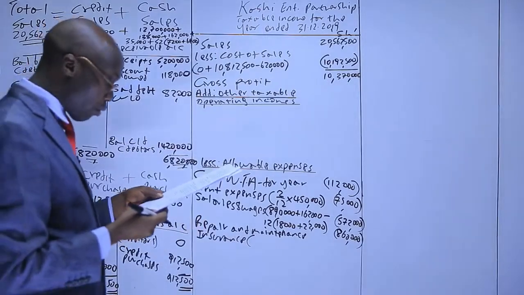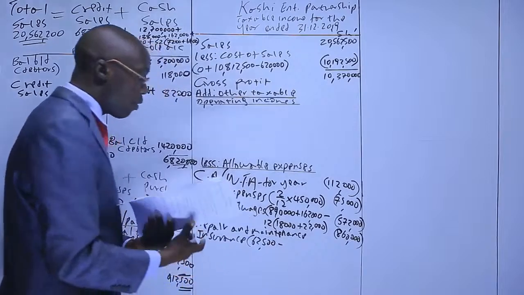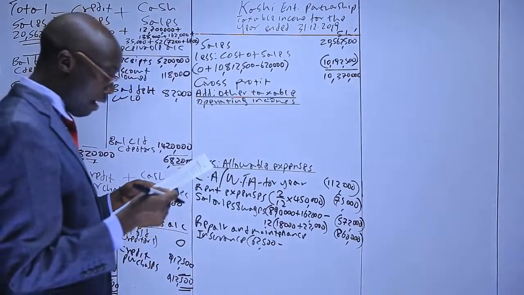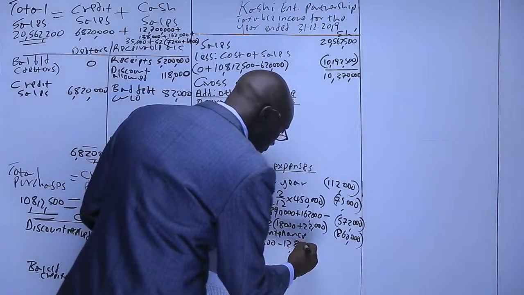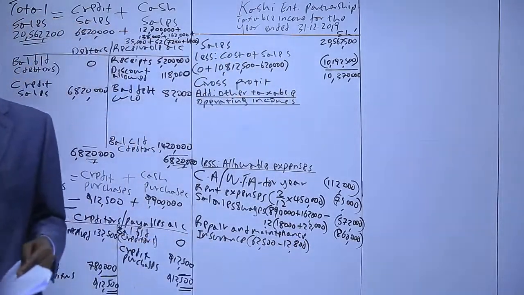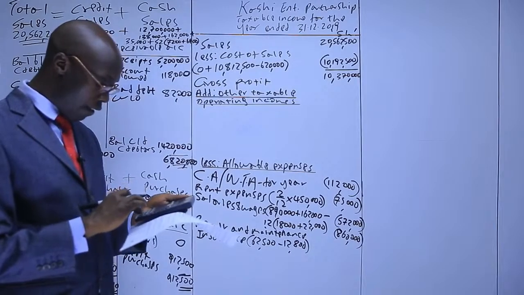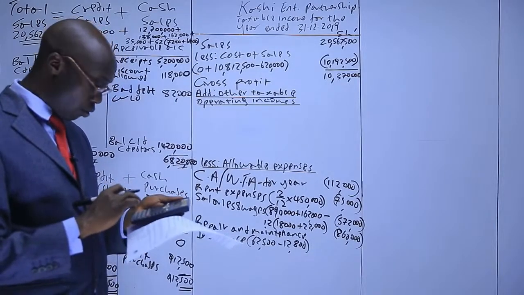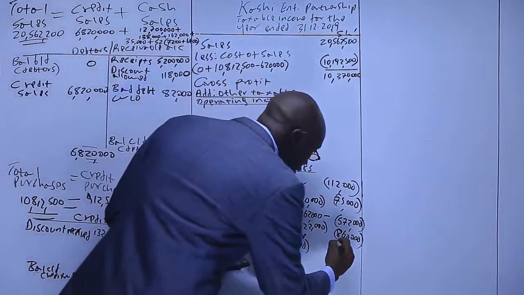So we are going to take the insurance of 62,500 and then we minus the prepayment which we have, 12,800. That will give us how much? This will be 62,500, we minus 12,800. That gives us 49,700.